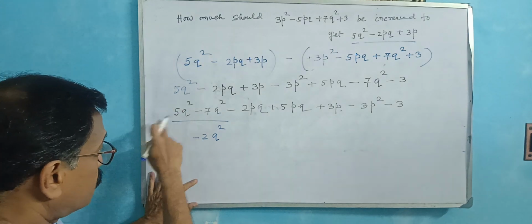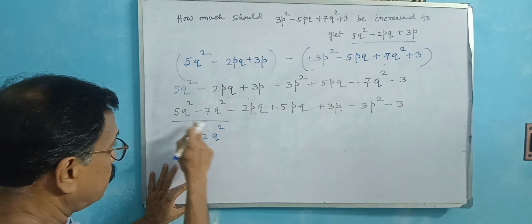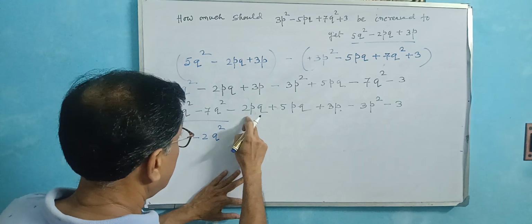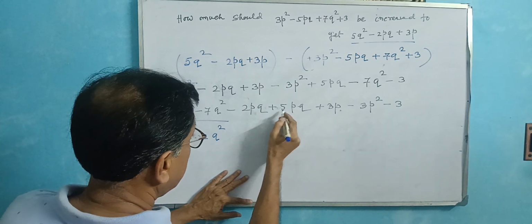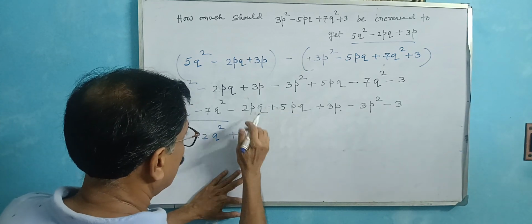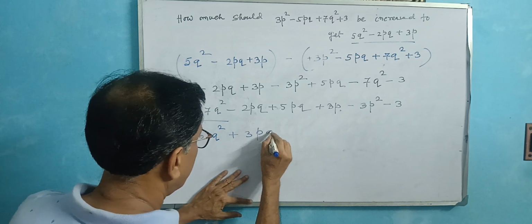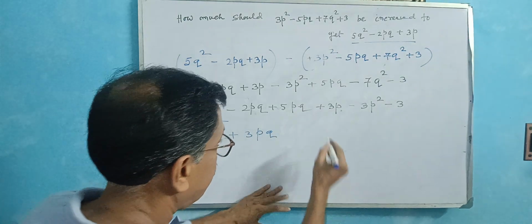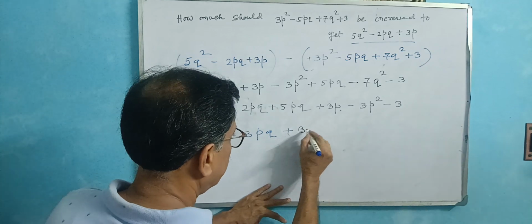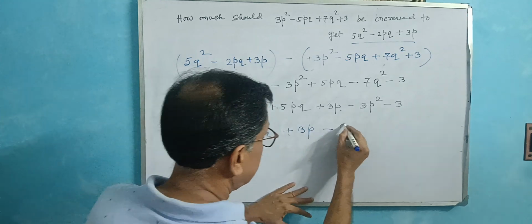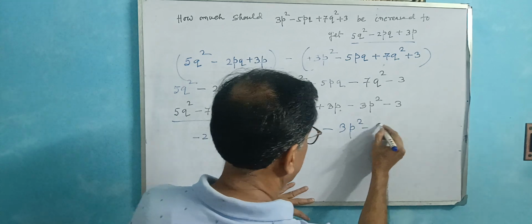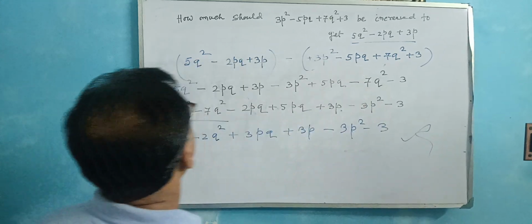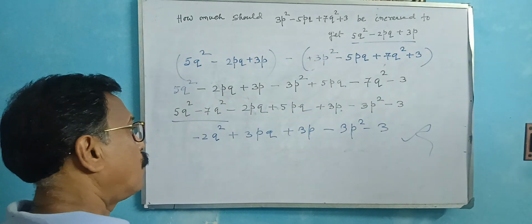Opposite signs subtract, 7 is greater, the sign is this. Here is also a like term, opposite signs subtract, 5 is greater, the plus sign, 5 and 2, so 3pq. Clear? No problem at all. Here is only 1, so 3p. This is minus 3p square minus 3. That is the answer. Okay, no problem at all.